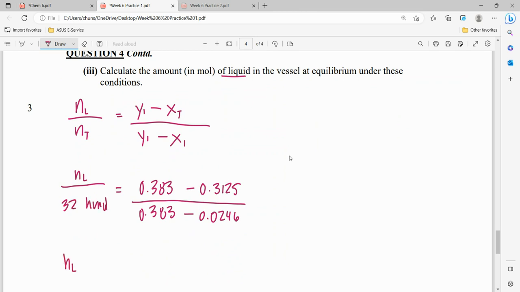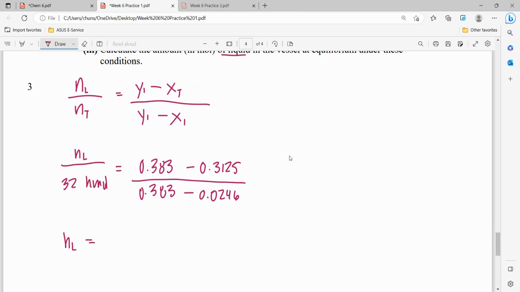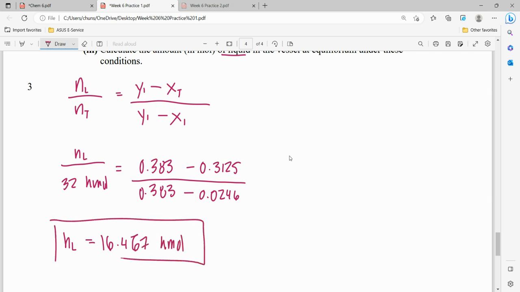So that gives our moles of our liquid equal to 16.46 kilomoles for our liquid.